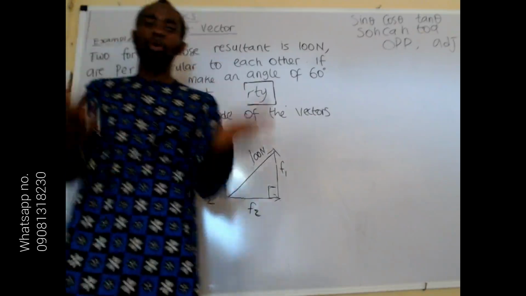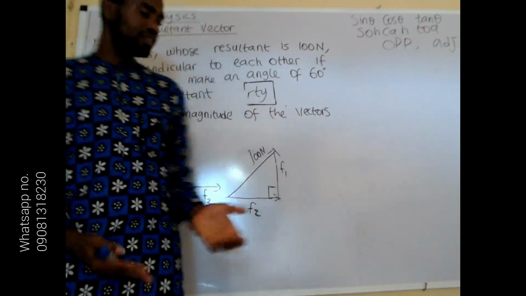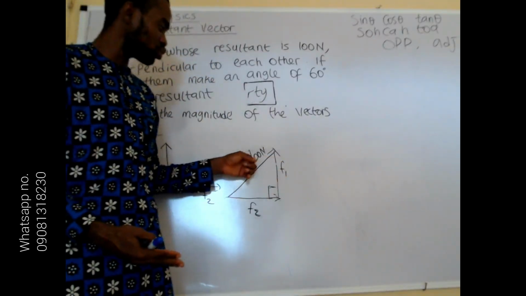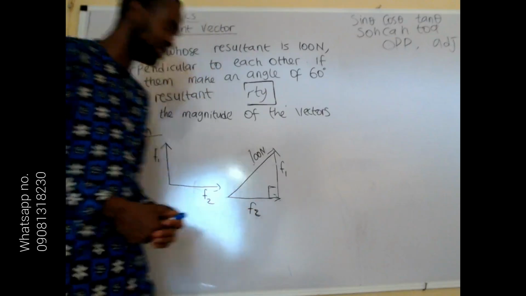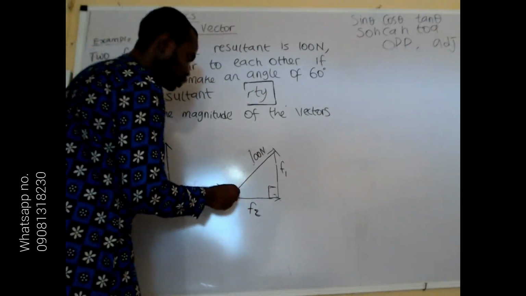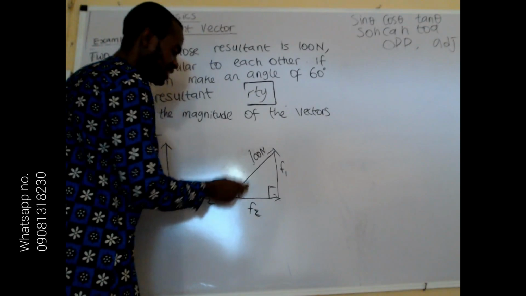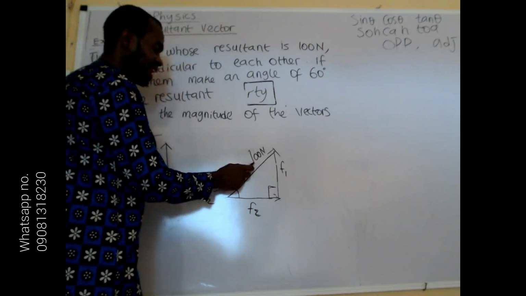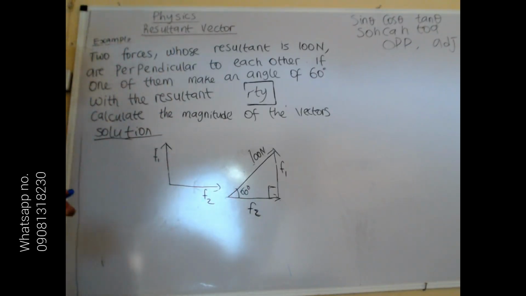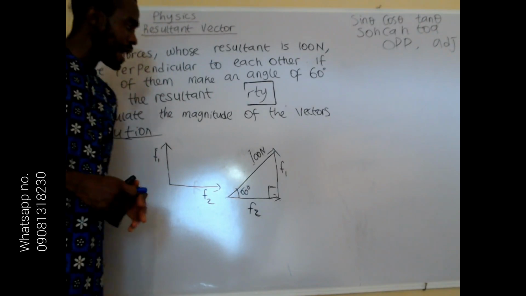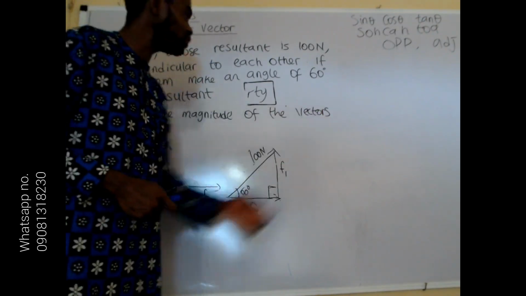We are not told which force makes the 60 degree angle, so you just choose any one. Let's say F2 is making an angle of 60 degrees with the resultant vector. Now our aim is to calculate the magnitude of the vectors.